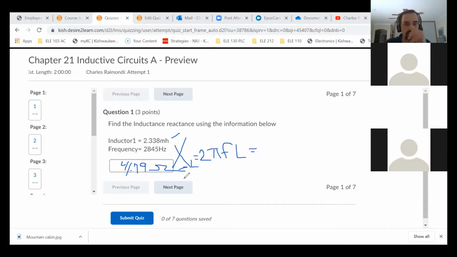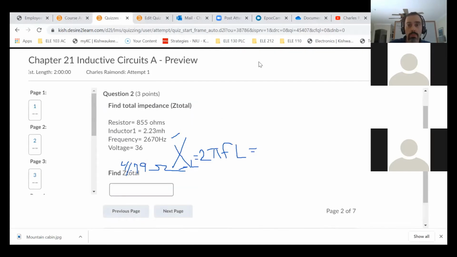All right, let's do the second one. So far, it's not bad, right? There's only 8 questions, by the way. Total impedance. They're looking for Z total here.